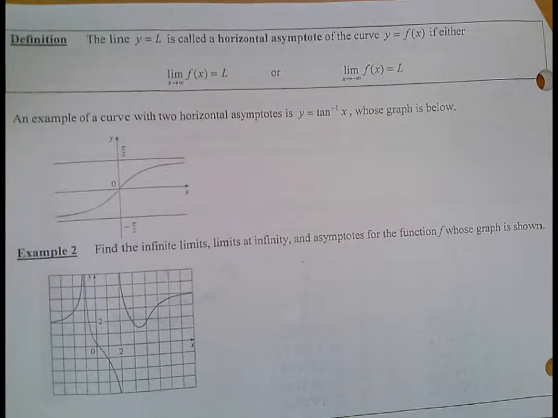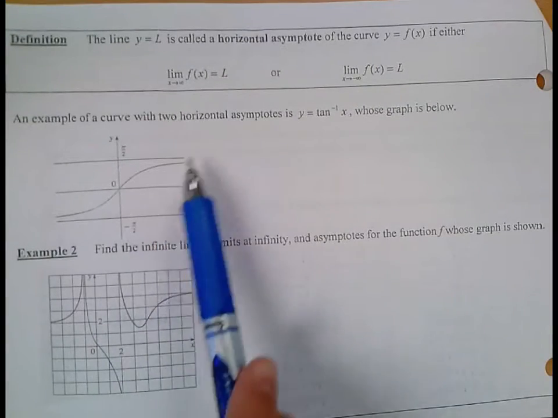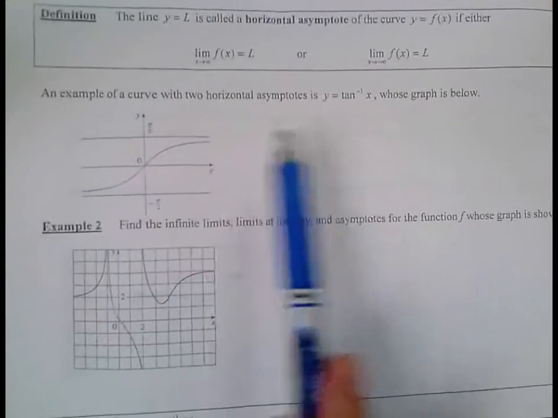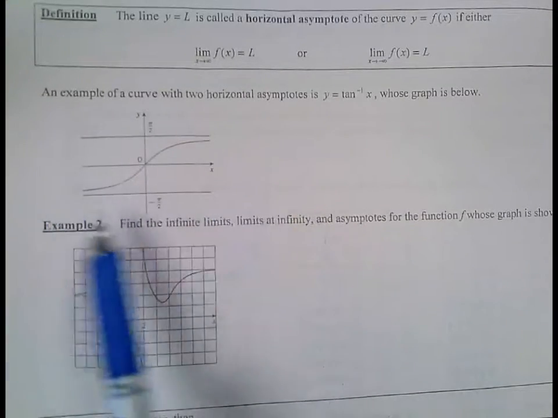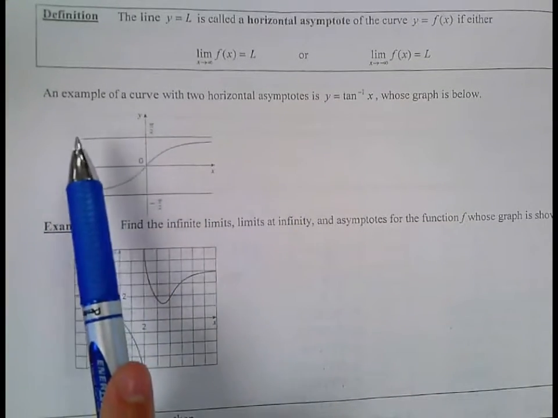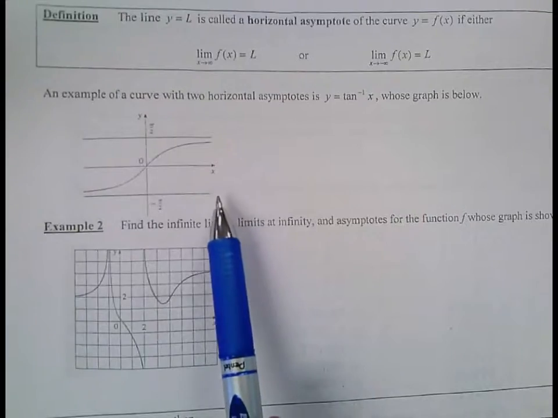You could have two separate horizontal asymptotes where in either direction your curve is approaching a different y value, as in the case of inverse tangent. So this here is the graph of inverse tangent, and notice that graph has two horizontal asymptotes.